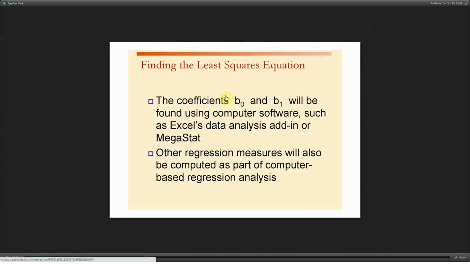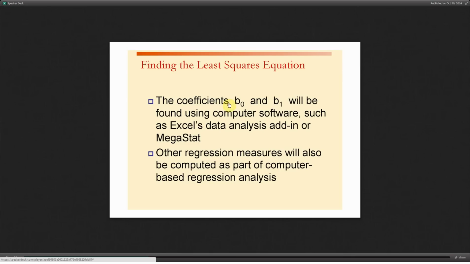And why we look at the squares is a bit technical, but basically the squares are always positive, and that's one reason why we look at them. Because I could be off either above or below, and they tend to cancel each other out if I took the positive and negative values. So I want the errors always to be positive so that I can add them all up.